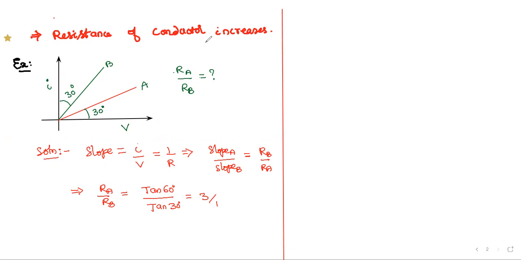Here, resistance depends on what factors, and how do you calculate it with the acceleration and the speed of the electron inside.